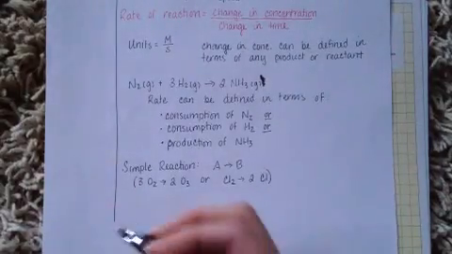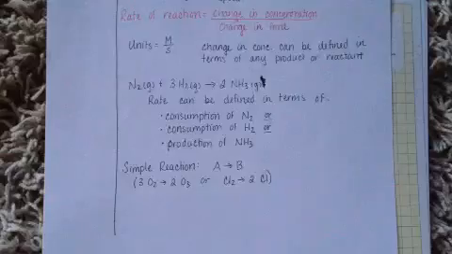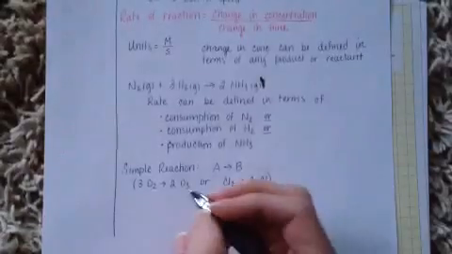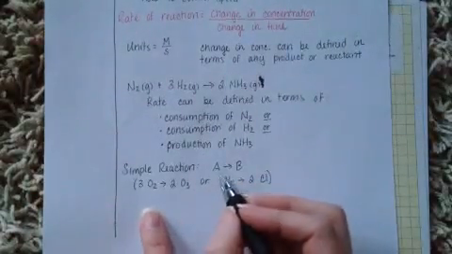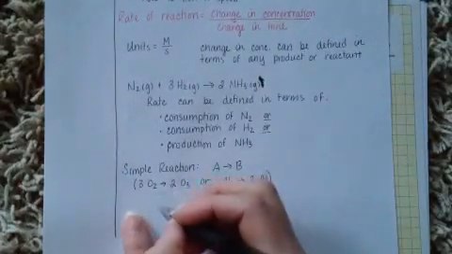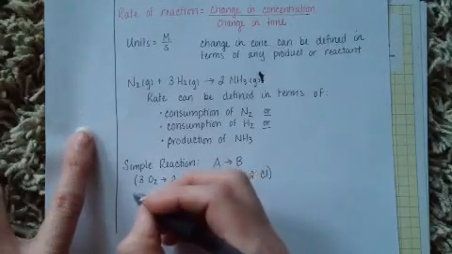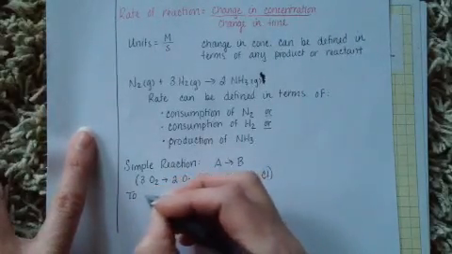Those are just examples of A goes to B types of reactions. If we wanted to measure the rate of this reaction, we would either choose to monitor the consumption of A or the production of B, whichever is easiest to measure.